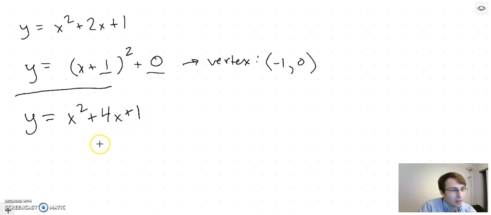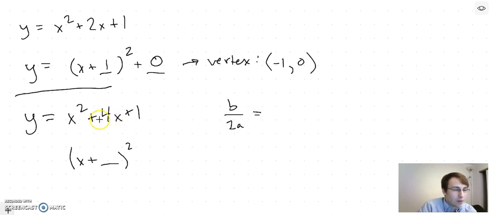Well, we can try to make it like x plus 1 squared, but then we'll just get stuck with an x squared plus 2x plus 1, and there's no way to get that 2x up to a 4x. So to figure out what the number is for x plus what squared, we need to compute b over 2a.